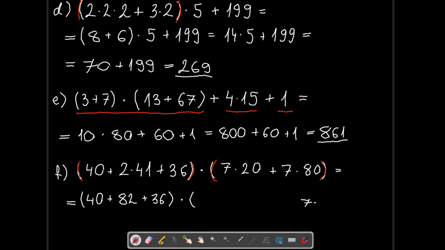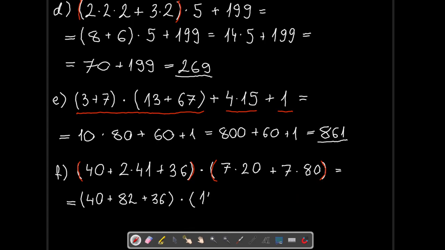We can do an alternative thing here. We can say that 7 times 2 is 14, and we add an extra 0 to 14, which gives us 140.